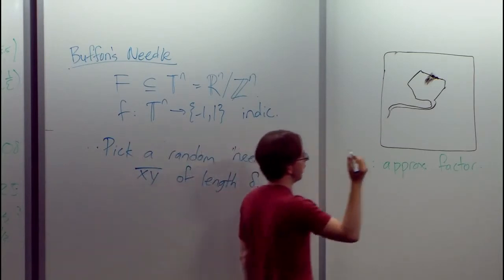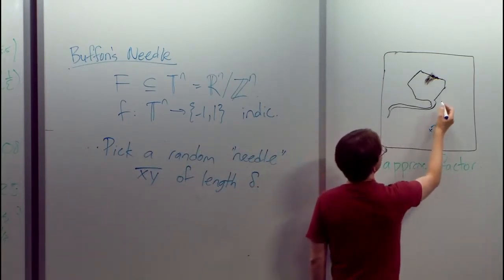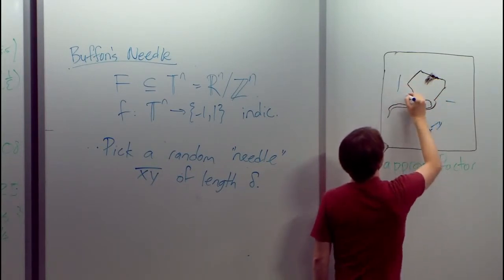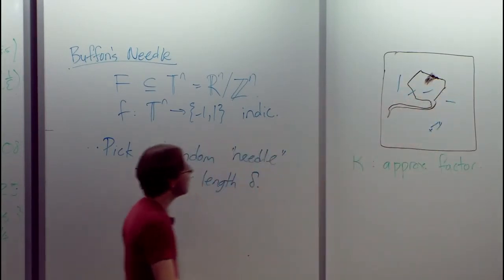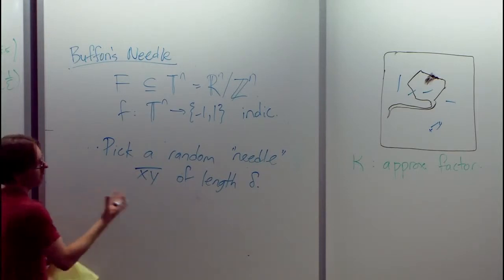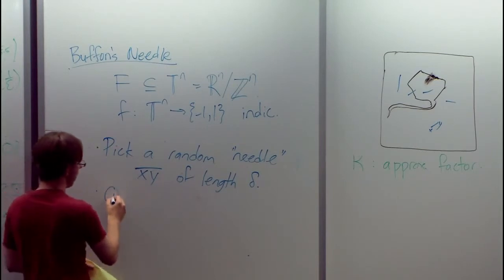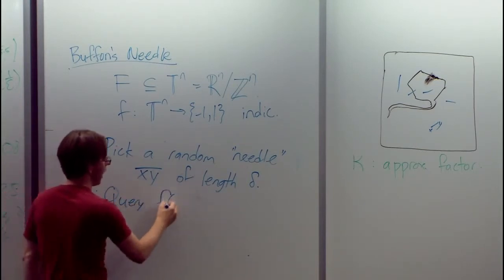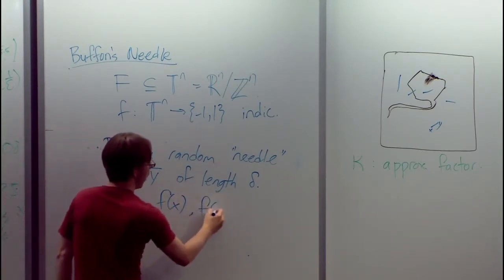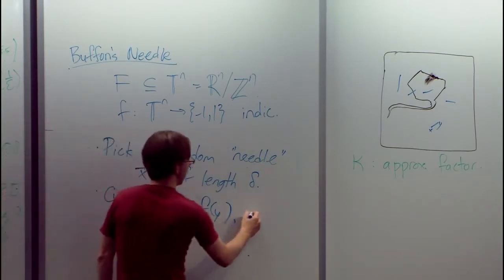So that just means you pick a random point in a random direction, and you go from x to y. And then one thing you can do is try to see if it crosses the boundary. At least in the property testing model, it's natural to just query f of x and f of y. That's two queries. That's checking if x and y are in, and check if they're not equal.